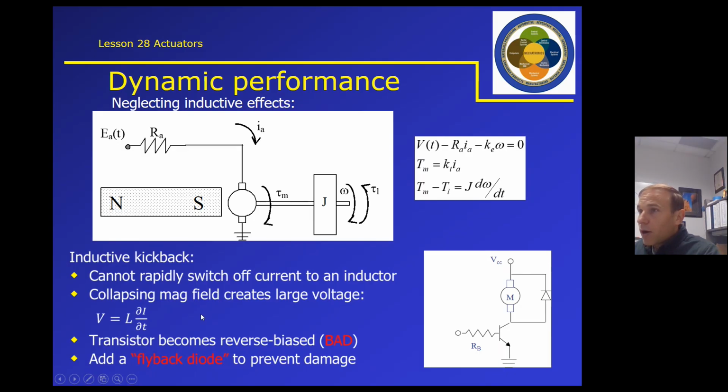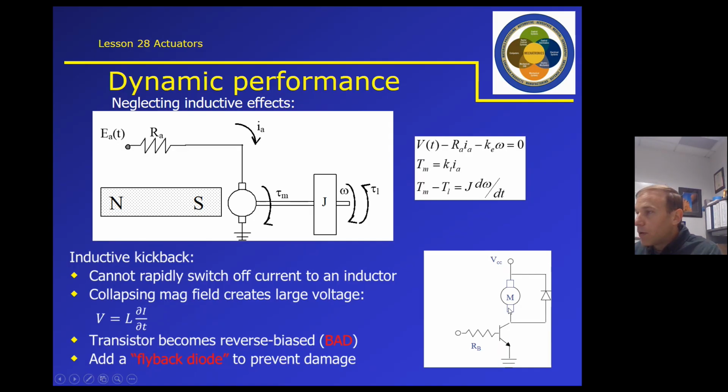For our purposes in mechatronics, what we need to think about is the fact that this changing current as you speed up a motor or slow it down or turn it off or turn it on, creates these inductive effects with the windings, which we're not going to go into detail on the physics of why it happens, but you should know that it creates a strong reverse voltage, which could damage a transistor if you're using a transistor to turn the motor on and off, which we will.